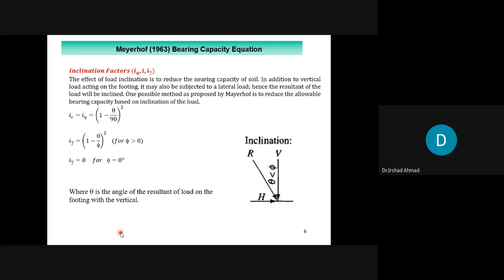Now, all the terms in the Meyerhof bearing capacity equation have been explained, and the factors are given, except one thing which requires some explanation. Can anybody tell me what is that which still requires some explanation, which is not explained yet?